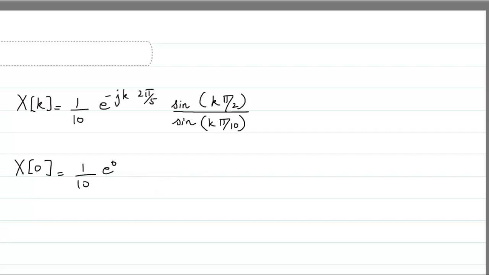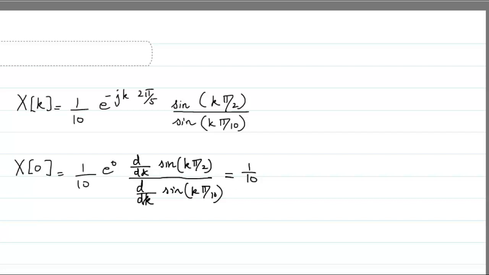So using the L'Hospital's rule, we will get d by dk of sine k pi by 2 divided by d by dk of sine k pi by 10. The 1 by 10 will be as is there. Sine k pi by 2 will become cos k pi by 2 into pi by 2 divided by cos k pi by 10 into pi by 10.